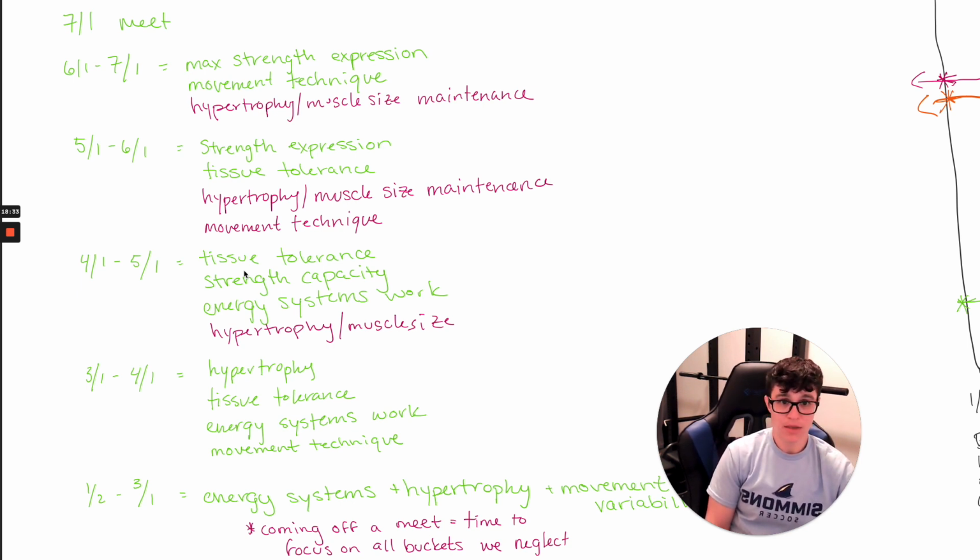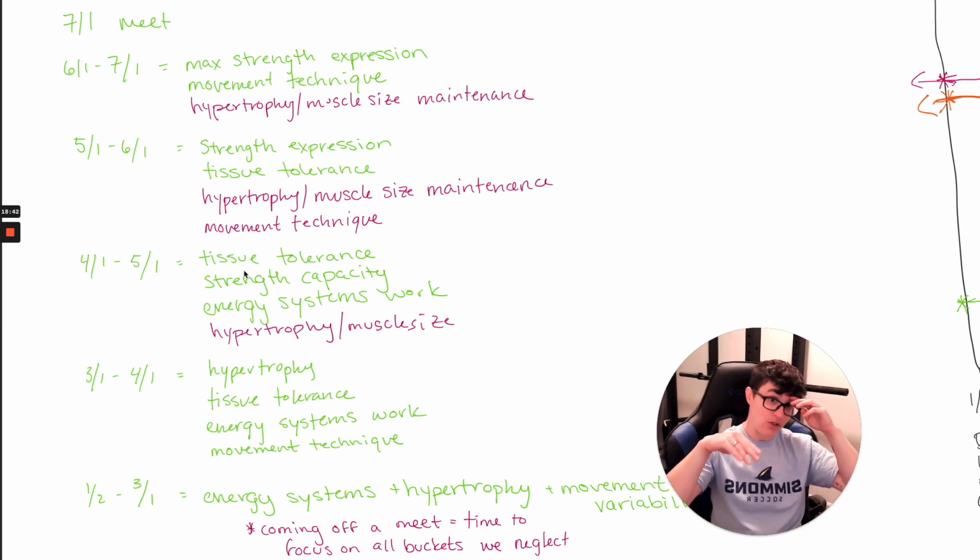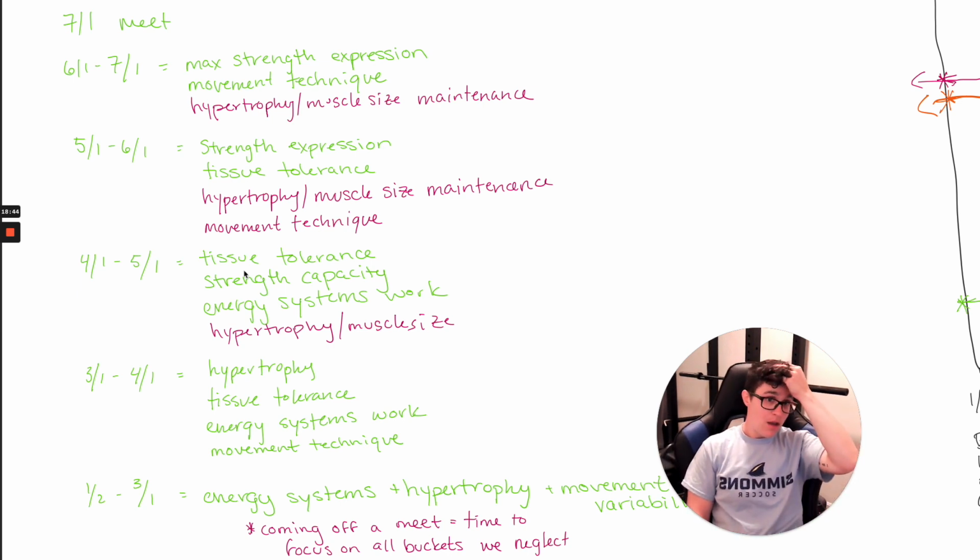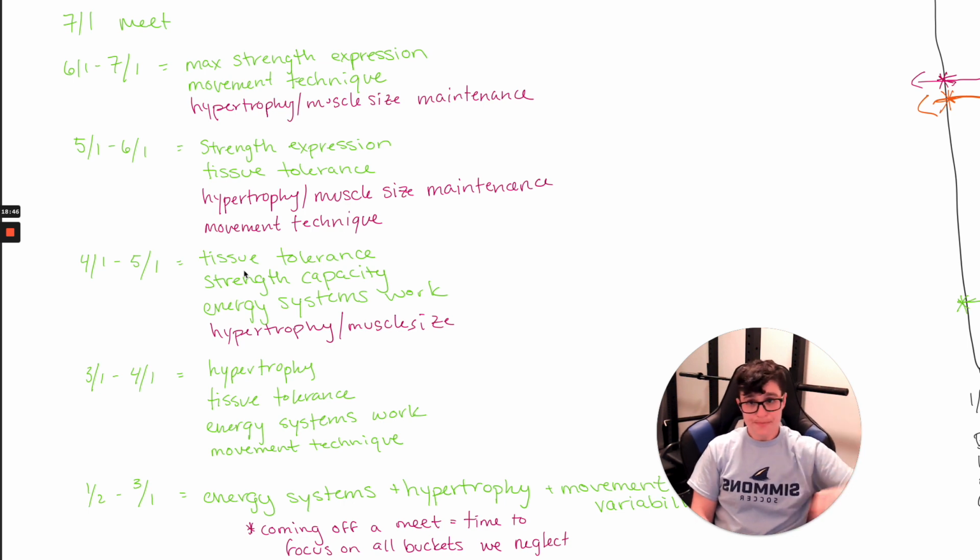Working more in the strength capacity is more going to be repeatable sets, 4x5s, 5x5s. Your strength expression is probably going to have a top set and drop set work so that you can really focus on output on that top set.